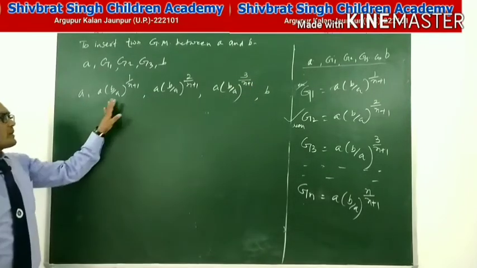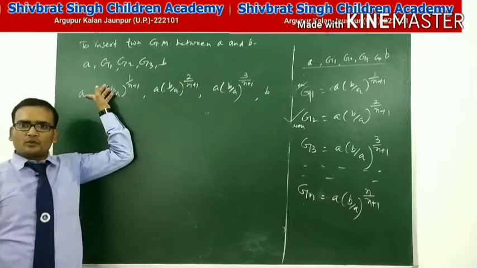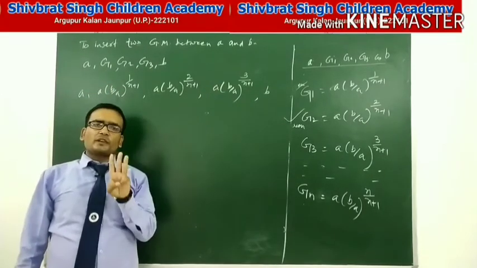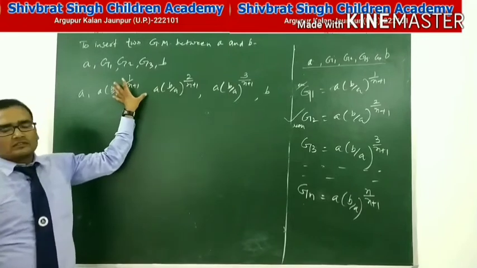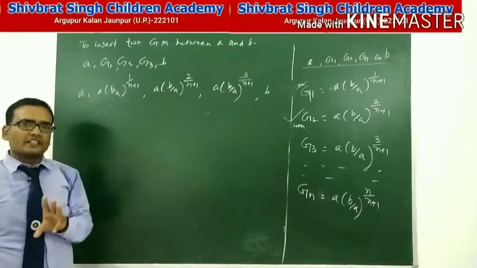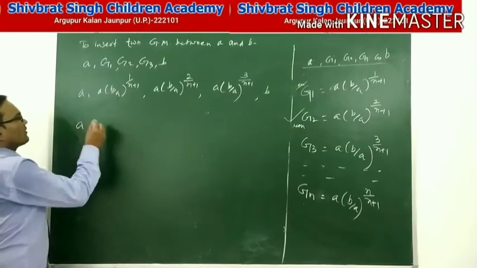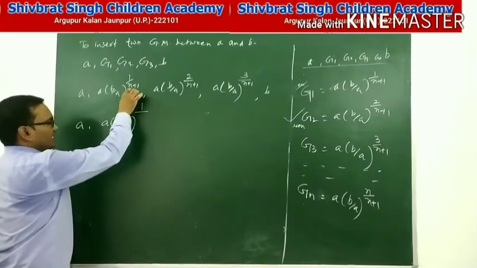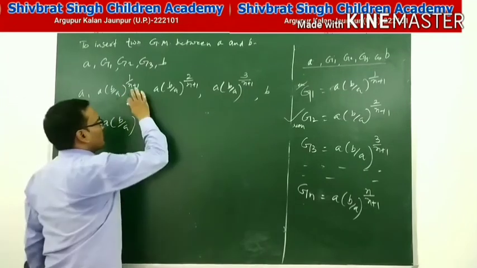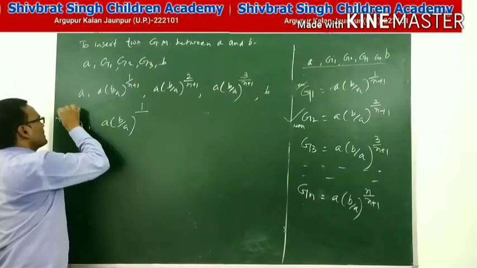How many geometric means are inserted between A and B? There are three geometric means between A and B. Then we put the value of n equal to 3. A, comma, A, B upon A to the power 1 upon n equal to 3. Why?